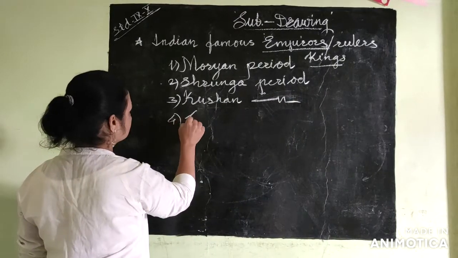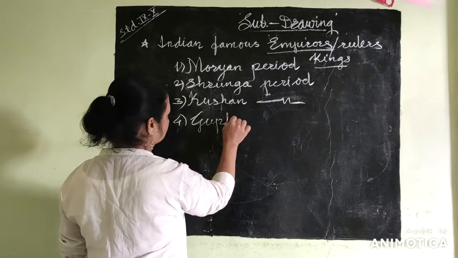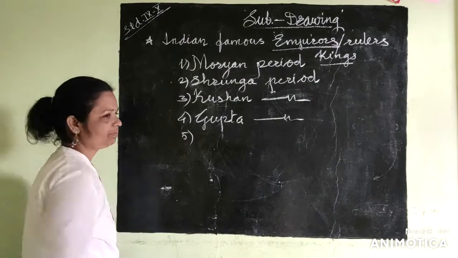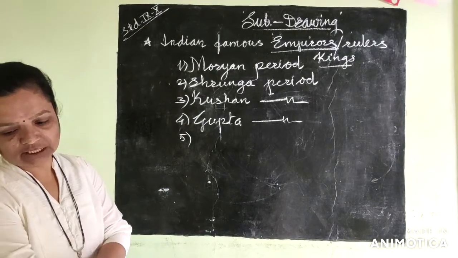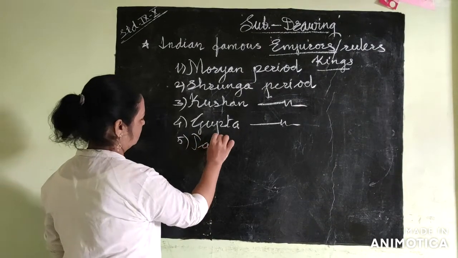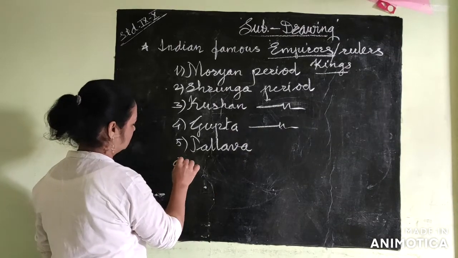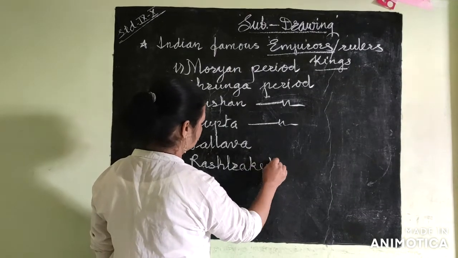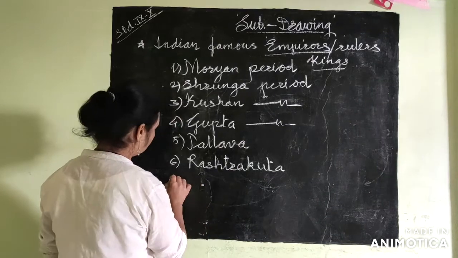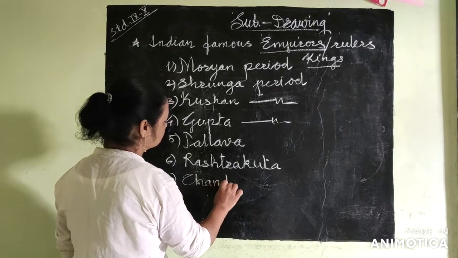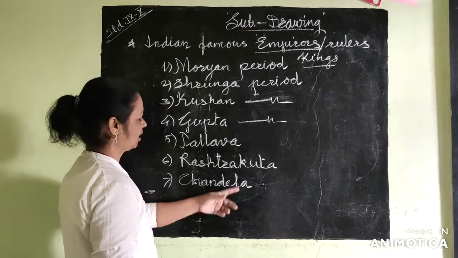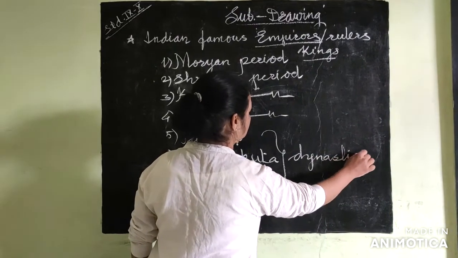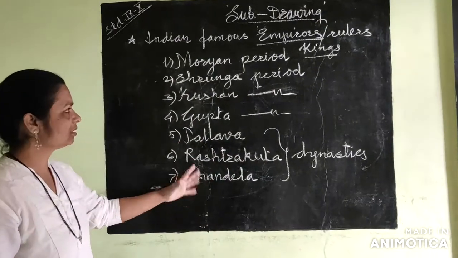Next, the Pallav, Rashtrakoot and Chandel dynasties.